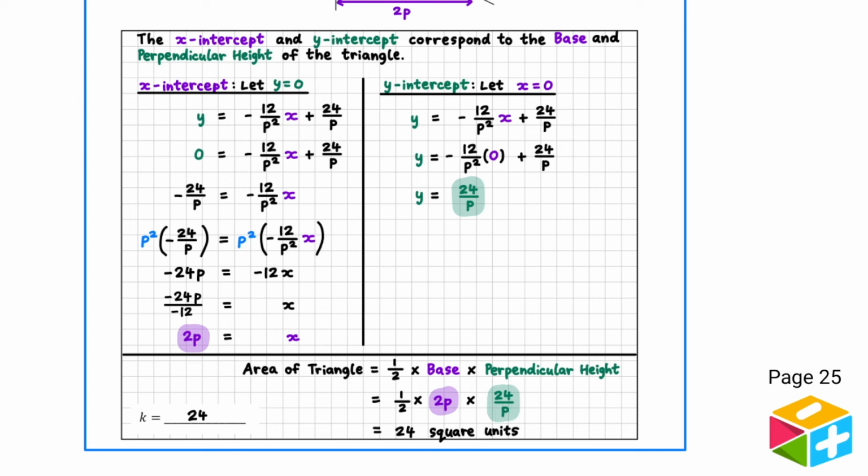So, we get a half times 2p times 24 over p. The multiplication by p and the division by p will cancel, so we end up with a half times 2 times 24. Performing this calculation gives us our final answer of 24 square units.